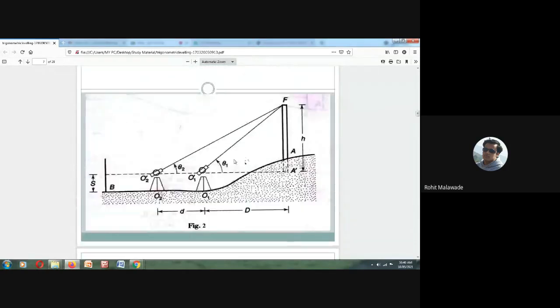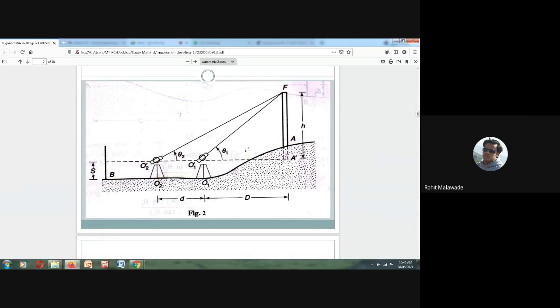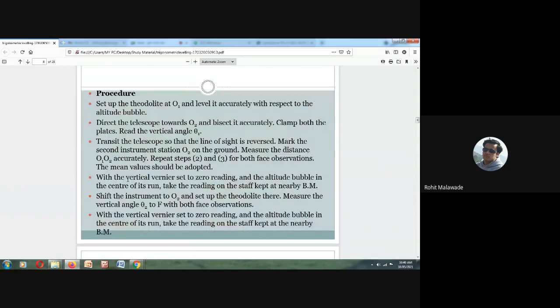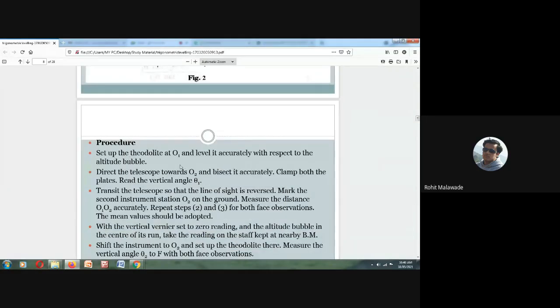So here we are going to measure this particular height, and we are going to use the two instrument stations in the same vertical plane.